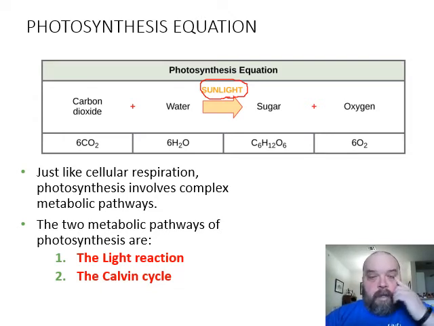Now, when it comes to the reactions of photosynthesis that make this equation happen, there are two pathways that we're going to focus on. The first ones are the ones that we refer to as the light reactions.